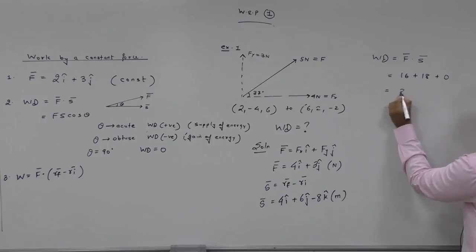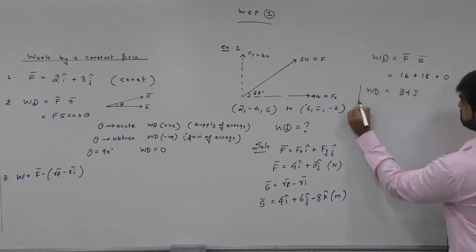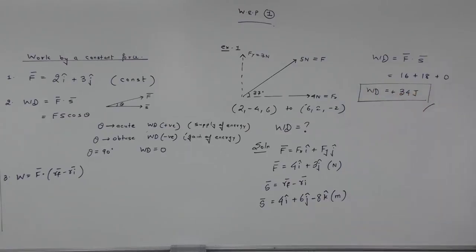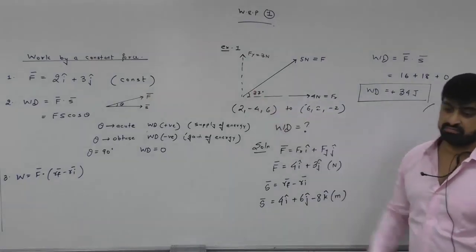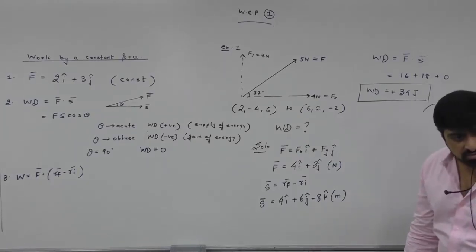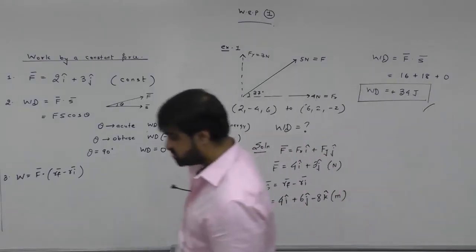How much is the answer? This is positive work done, because the angle it is making is an acute angle. This is the work done. Come on, write this down fast.